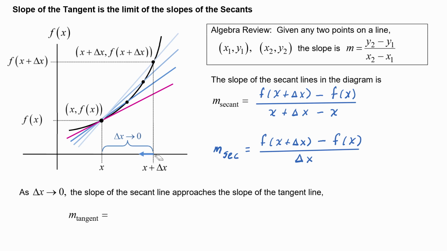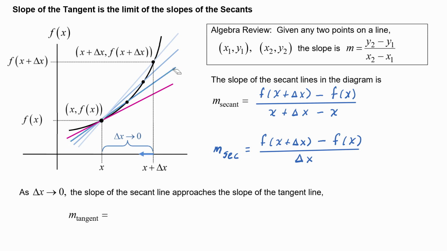We want to move this point closer and closer to x, which means delta x has to get very tiny and approach 0. On this diagram, if delta x got smaller so that x plus delta x was here, then we would have this secant line. As delta x got smaller so that x plus delta x was here, we would now have this secant line.